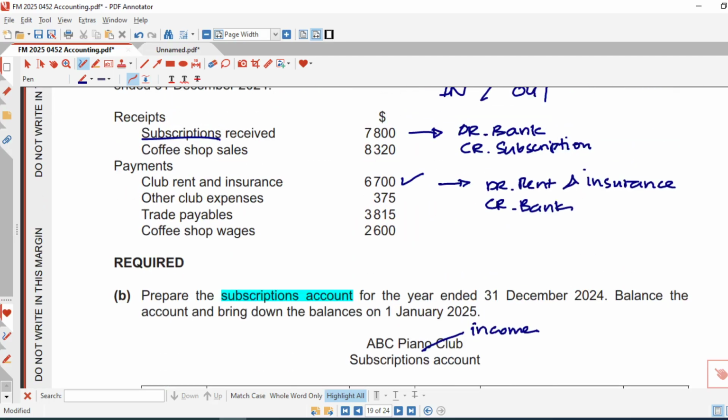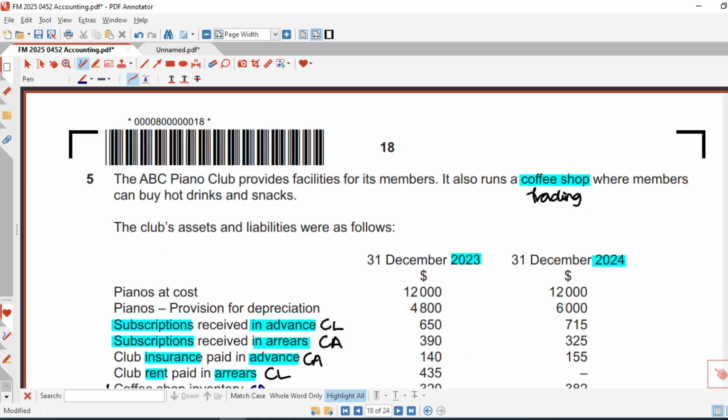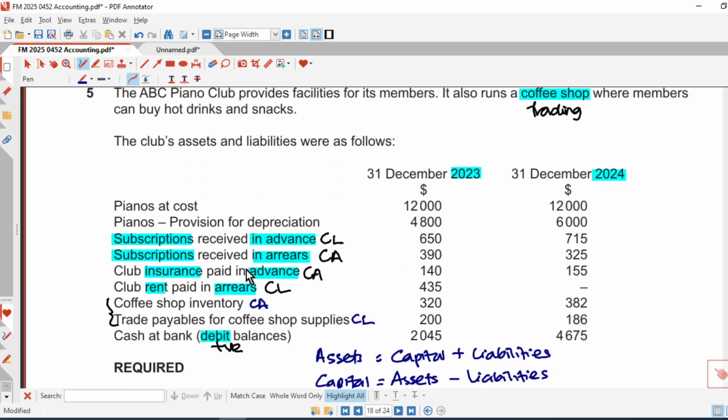With no other information on rent and insurance, I'm going to park the closing balances. Insurance in advance is 155. But there is no rent in arrears here, so there won't be a carry down for rent.